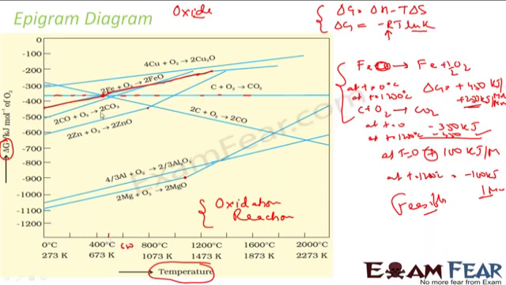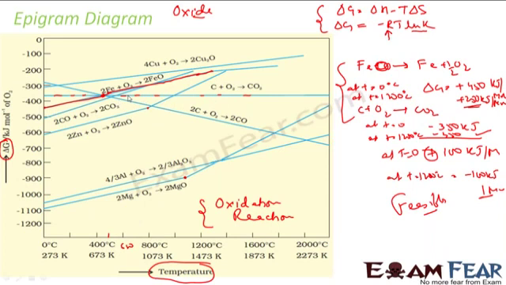So above 500 degrees Celsius, these reactions will occur. It helps us to choose which reducing agent can be used at what temperature. So if I want to reduce my iron at almost 500 degrees Celsius, I will use this carbon.